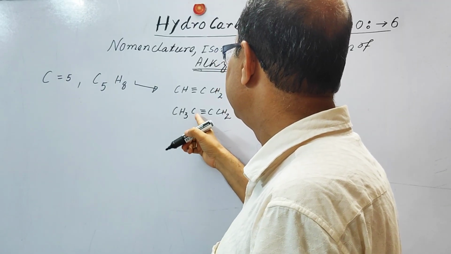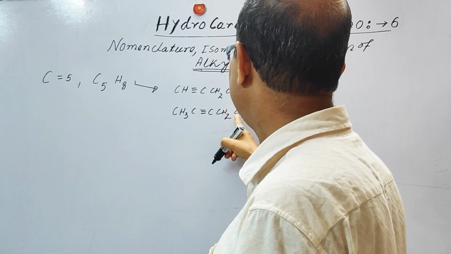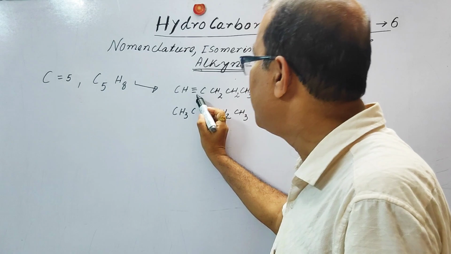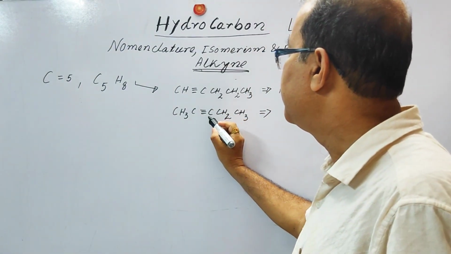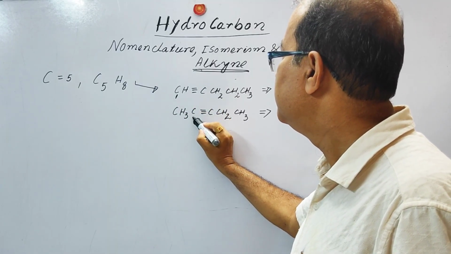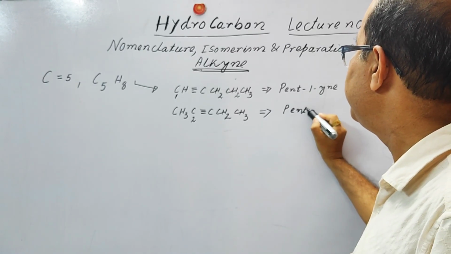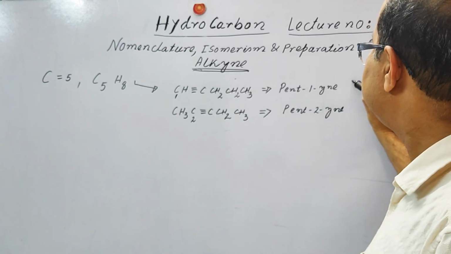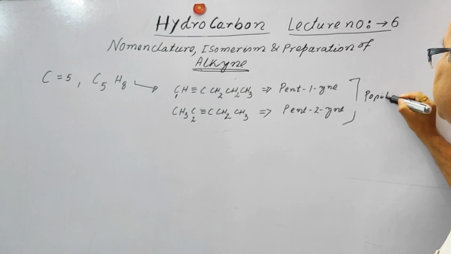You can see 1, 2, 3, 4, 5, and the triple bond has been shifted to the second position. Here it is in the first position, now it is on the second position of the carbon atom. So the name of this will be pent-2-yne. And this is basically the position isomer.